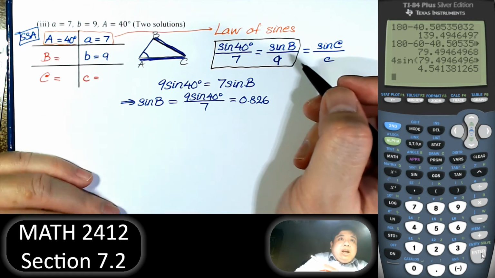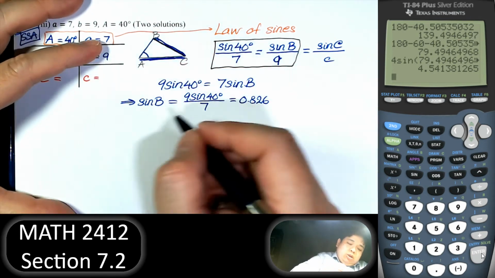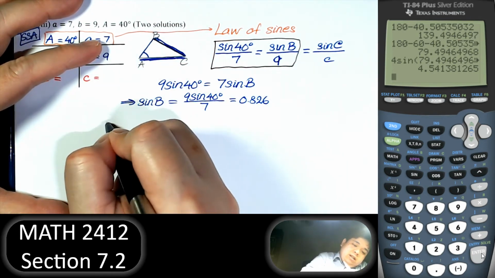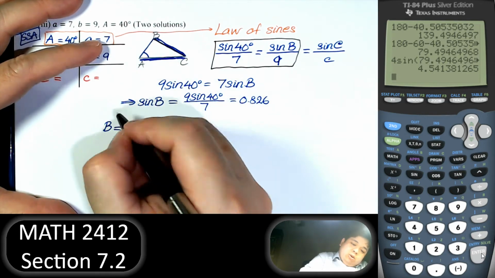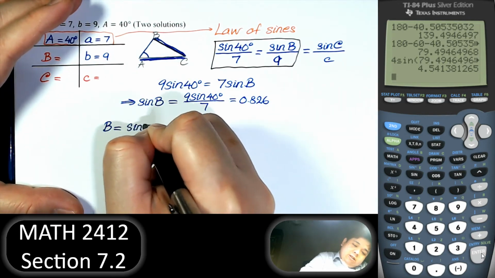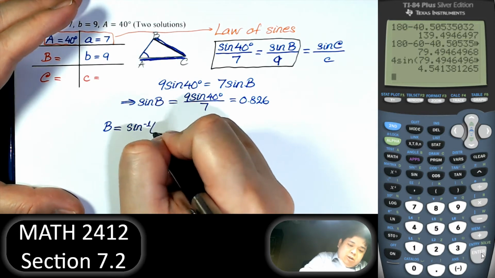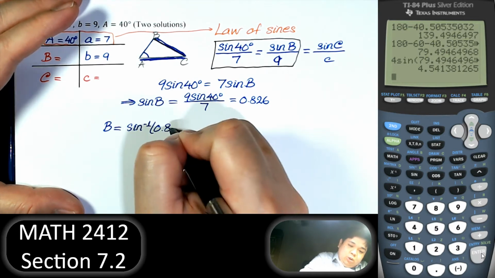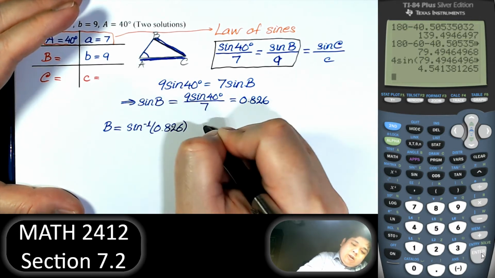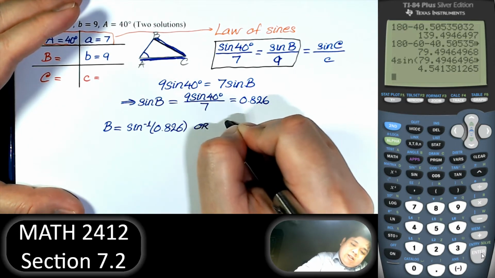Right. If we want to get to the angle, there will be 2 solutions. Either B equal to sine inverse of 0.826, or the supplement to that.